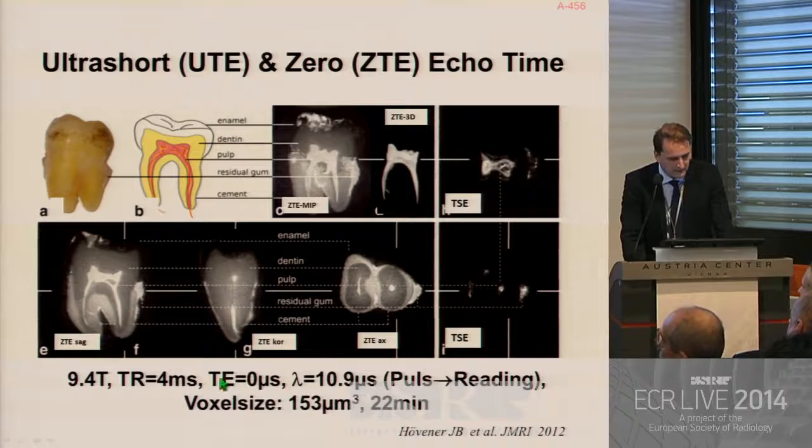And there is TE0. That means that we have no echo time, but this is a physical trick, and this is a very, very short pulse readout. This imaging takes a long time, so it's far away from routine imaging at the moment.